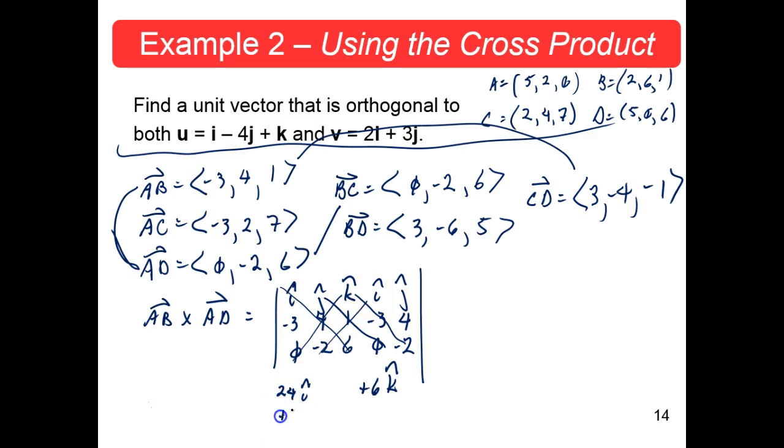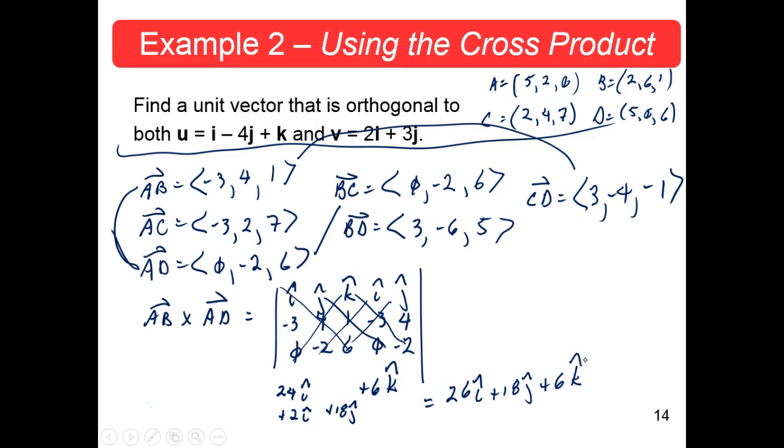So that's a plus 2I. Okay? And then you have a minus 18J, but because it's up, that will be a plus 18J. All right. So here is that vector, the cross product of those two, 26I, you add these two together, plus 18J plus 6K.